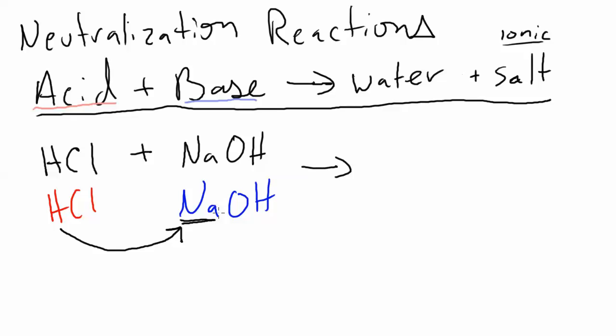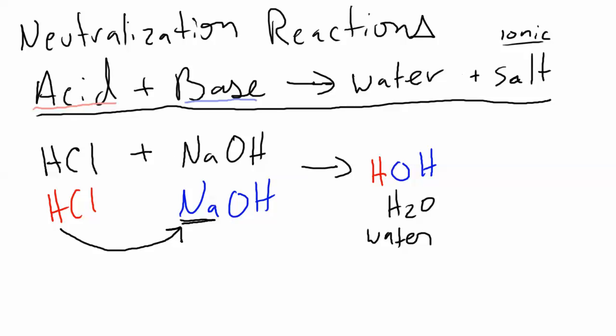You're going to have a hydrogen from the acid and the OH from the base. Well, what is that? There's two H's and an O. That's H2O. So that's where the water comes from. It's the acid taking the place of the metal and creating water.